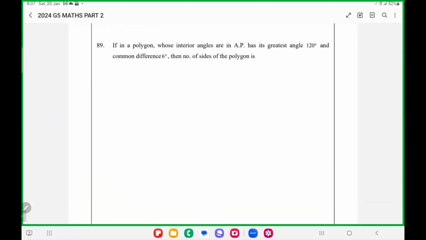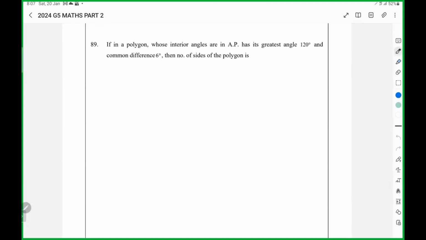In a polygon whose interior angles are in AP, let us assume the common difference as D. There are n angles, the nth term. For the sum of all angles, or the sum of n terms, we have a formula. These are in increasing order, so the greatest will be 120.